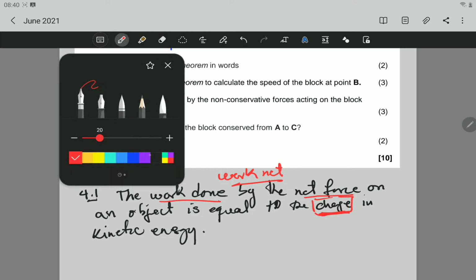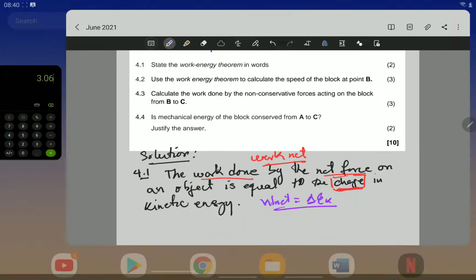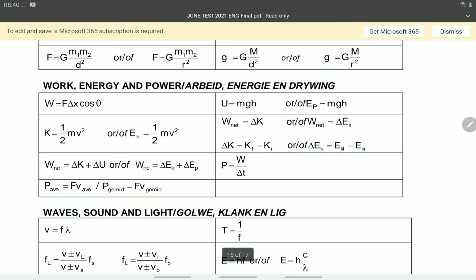If we write that one in a formula, the work done by the net force is equal to the change in kinetic energy. And let me show you something. You can go to the formulas in the question paper, here are the work, energy and power formulas.